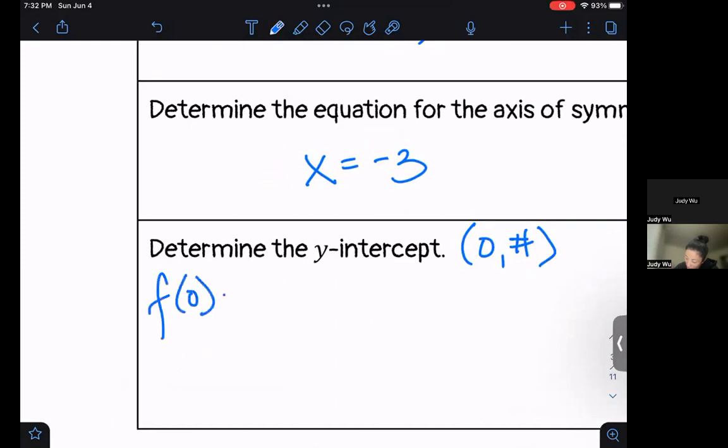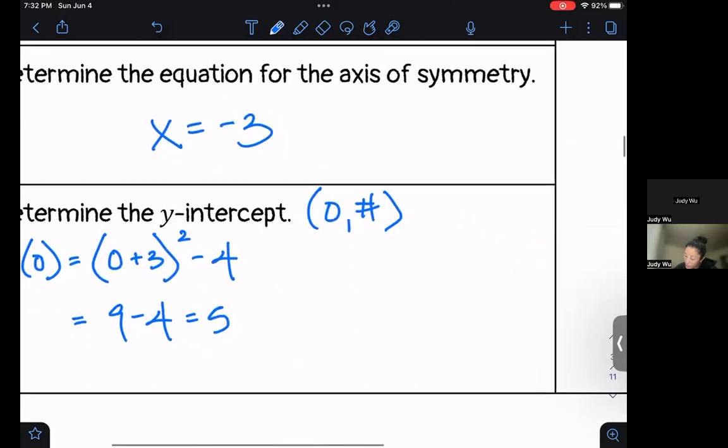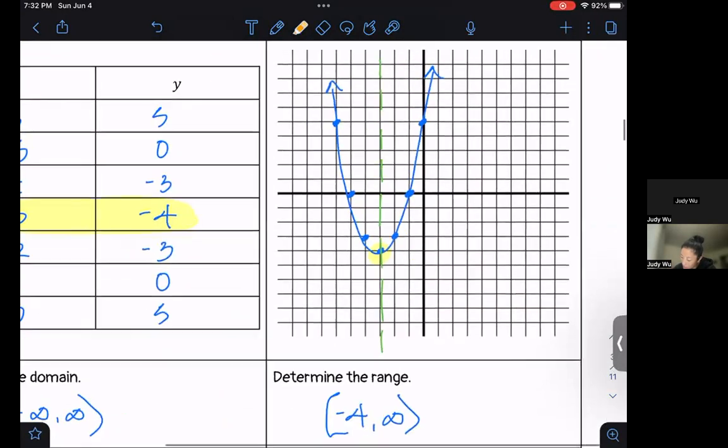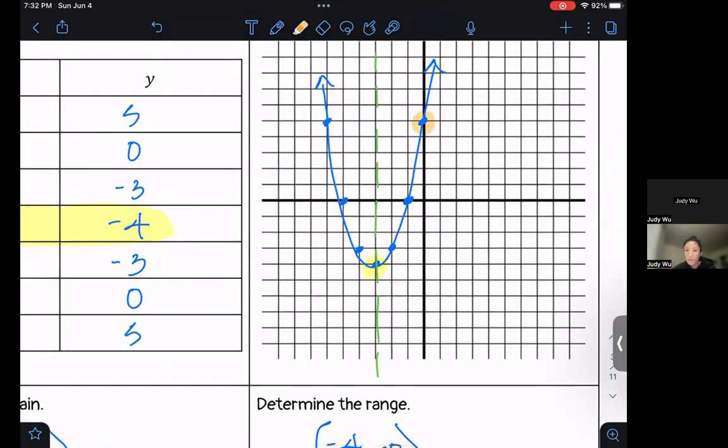F of 0 equals 0 plus 3 squared minus 4, which is 9 minus 4, which is 5. But we don't want to stop here. We want to show that we know it's a coordinate and write it like 0, 5. Okay, this is our y-intercept. And we can see it right here on the graph, right there.